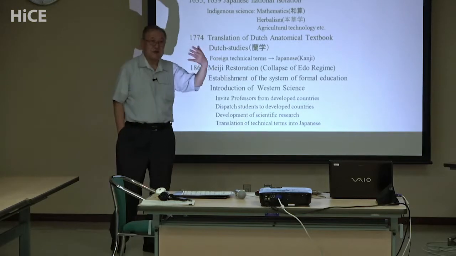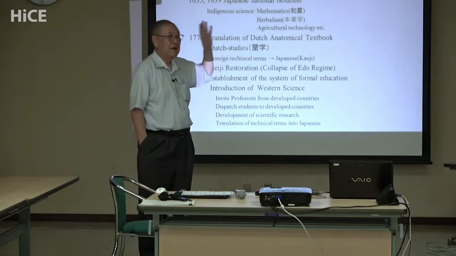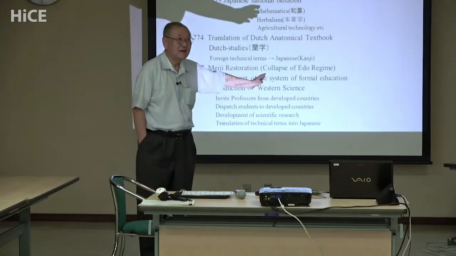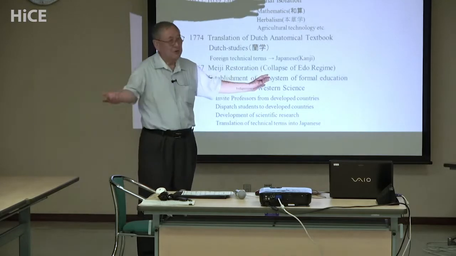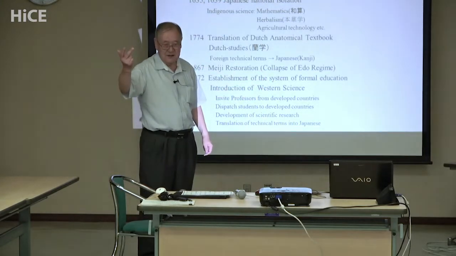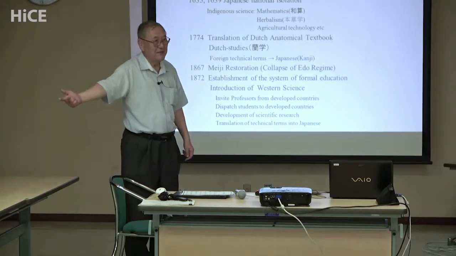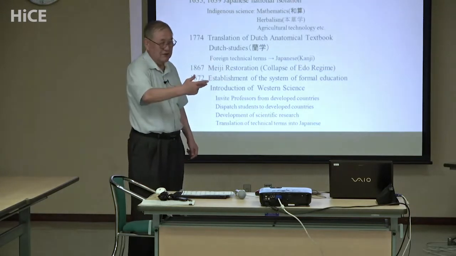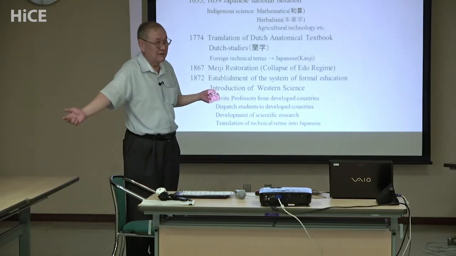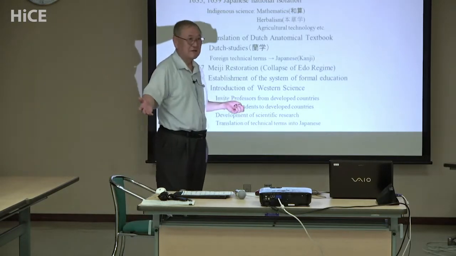So many students were dispatched to Germany to learn biological, especially botanical science. Okay? And at that moment, animal science was very much developed in the United States. Then Japanese students were dispatched to America to learn animal science or something like that.